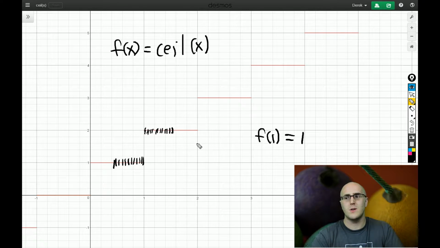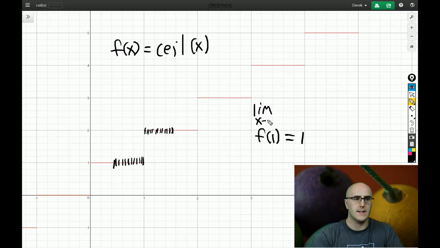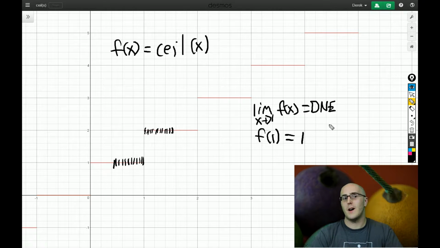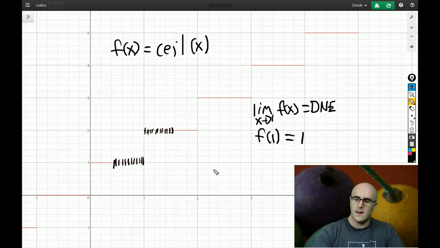Our limits from the two different sides are not equal, and thus we don't have a limit. So in this case, the limit as x approaches 1 of f of x does not exist. But our function value does exist.